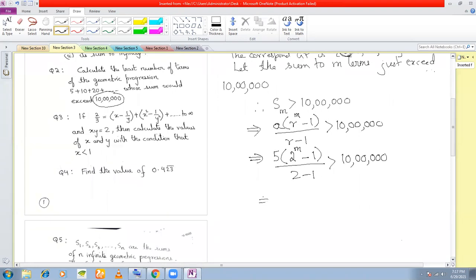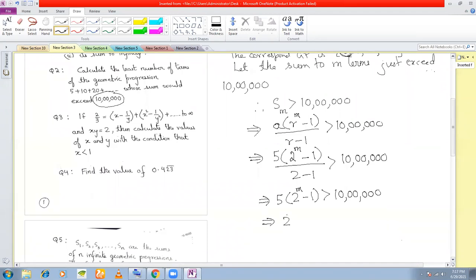So that means 5 into 2 to the power of m minus 1 must be greater than 10 lakh, right? Now the question is how to find out m.